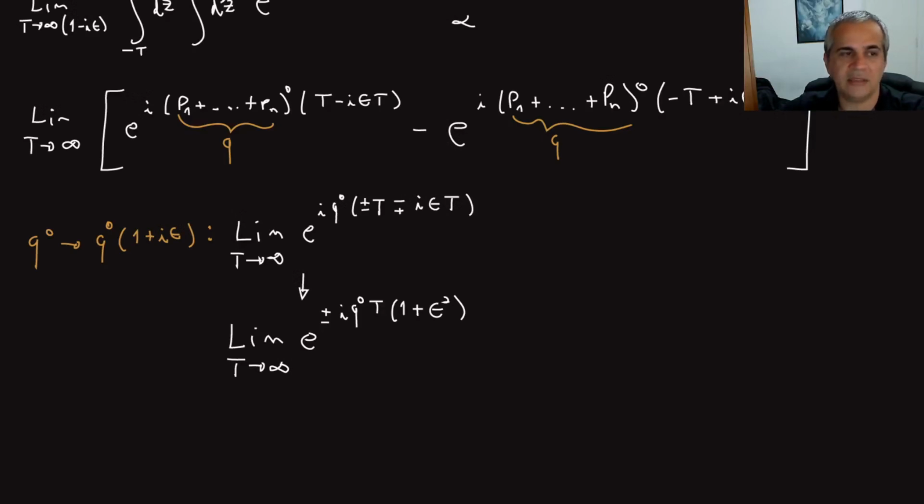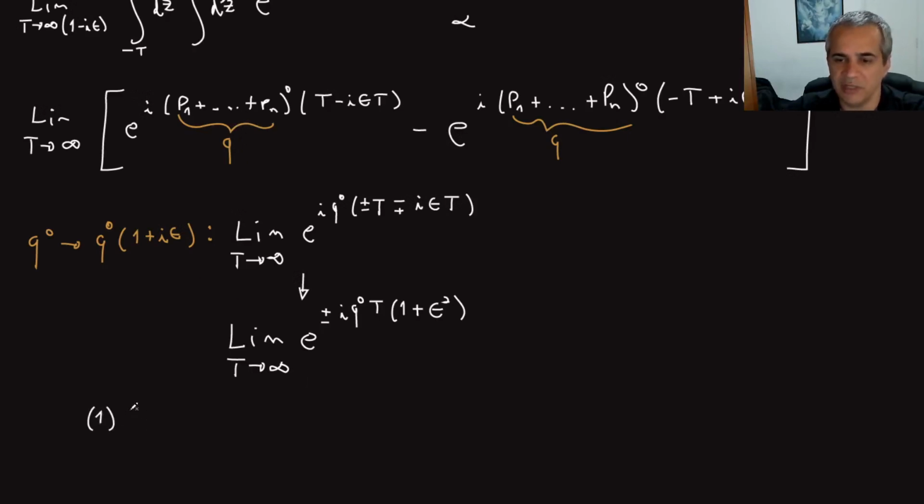Now let's see where these momenta come from, because I have a bunch of momenta here that I add up to get Q, and I have to be sure that I can make all of these momenta slightly imaginary. Where are the momenta coming from? There are basically two sources of momenta that can show up in these exponentials.